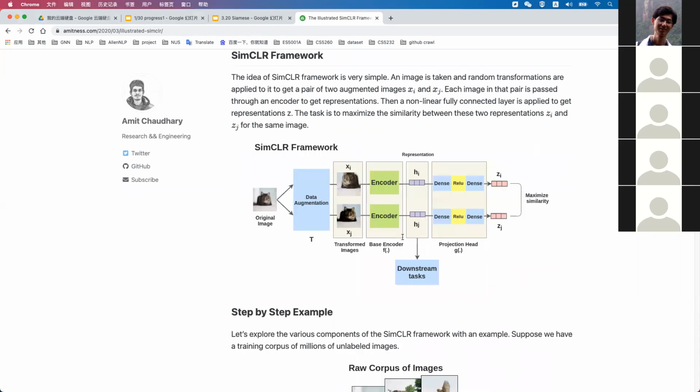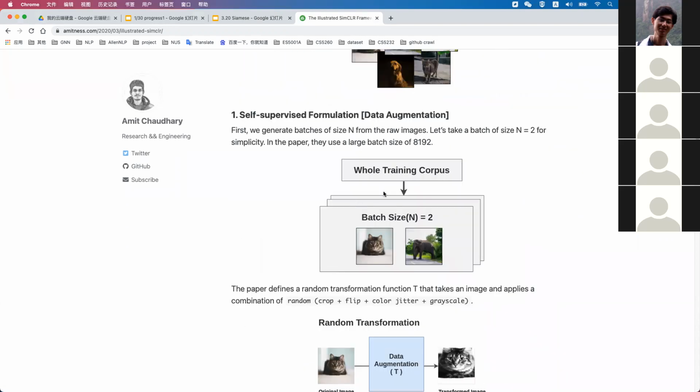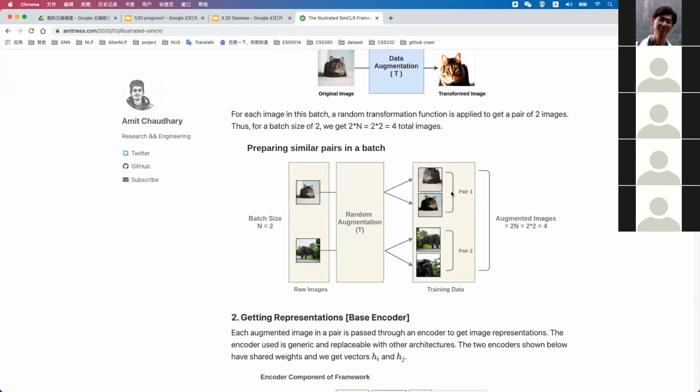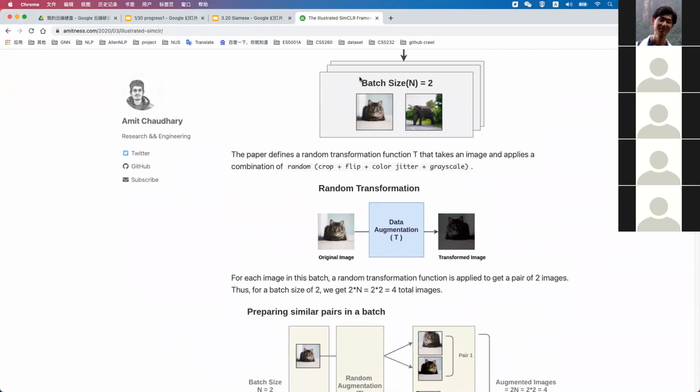In detail, SimCLR uses a very large batch size of more than 8,000. For easy representation, we just use two batch size.